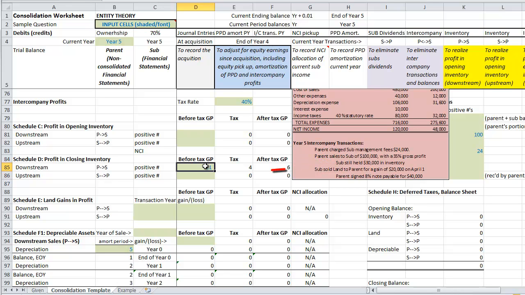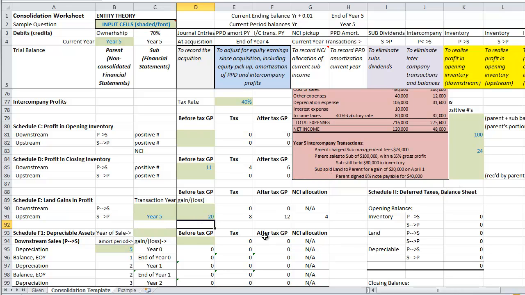So next, it says that the subsidiary sold land to the parent for a gain of $20,000 on April 1st of year 5. This is an upstream sale that occurred in year 5, and the amount of the gain was $20,000. And then finally, it says the parent signed an 8% note payable for $40,000, presumably to pay for the land.